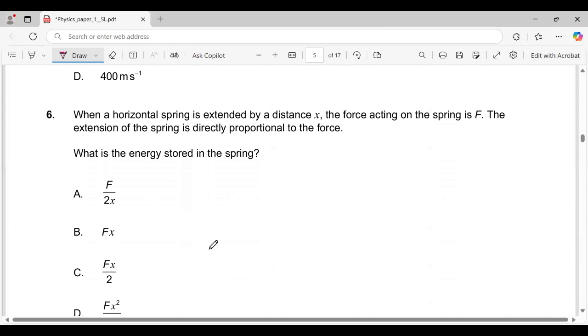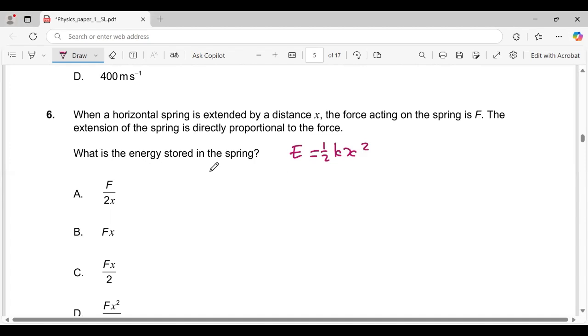Number six, when a horizontal spring is extended by a distance x, the force acting on the spring is F. The extension of the spring is directly proportional to the force. What is the energy stored in the spring? The energy stored in the spring is given by this formula E equal 1/2 kx squared.